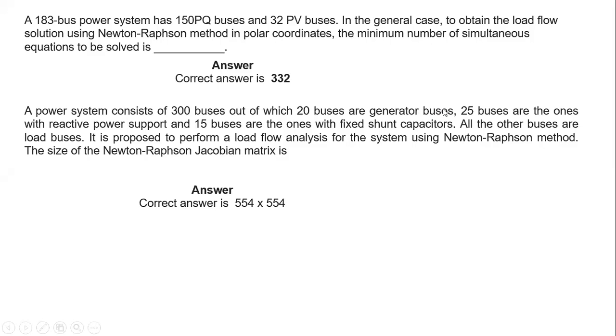Out of which how many PV buses are there? 44. Just now I said 44 PV buses, because 20 buses are generator buses. Out of 20 you remove 1. So 19 plus 25, 44 are PV buses. So 299 minus 44 PV buses. The remaining buses will be your PQ buses. That is 255. Hope you understood this.